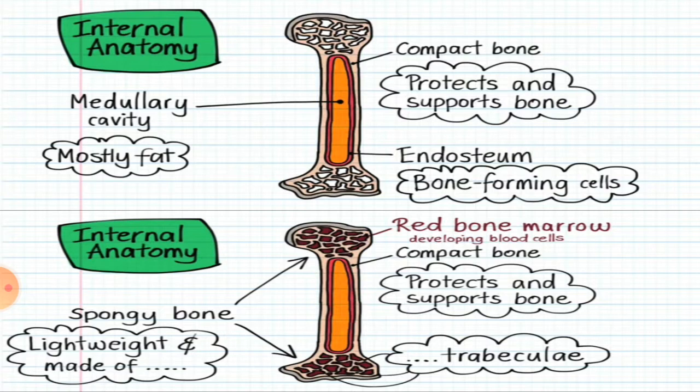Then there comes the wall of the medullary cavity, which is formed of endosteum, which is the internal layer, and endosteum is very important because it contains osteocytes, and we know that osteocytes are the bone forming cells. So this layer will be responsible for the bone healing, remodeling and repair.